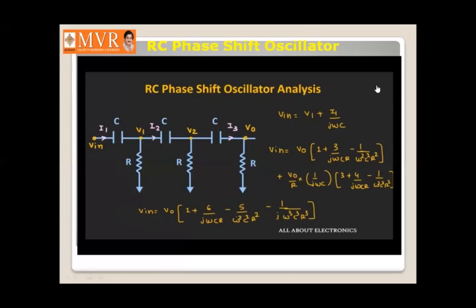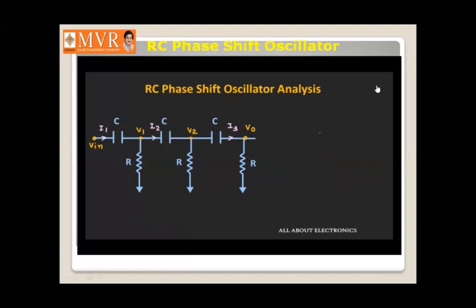Now the output voltage will only have a real part. That means the imaginary part of this expression should be equal to 0. So by equating the imaginary part to 0, we can write 6 by omega CR minus 1 by omega cube C cube R cube equal to 0.